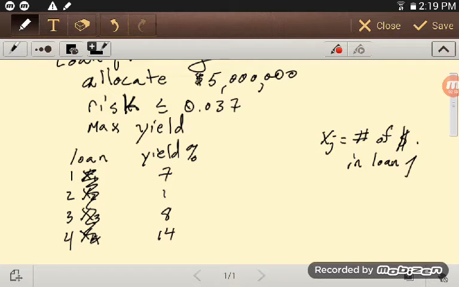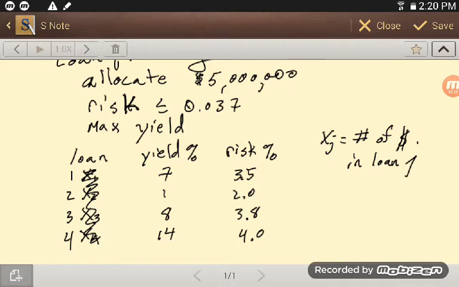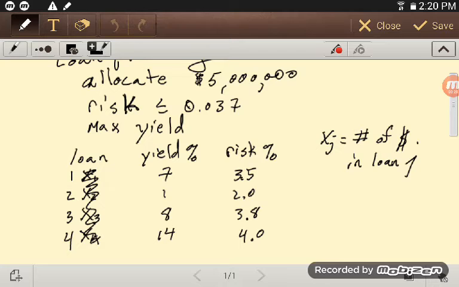But then risk, also in percent, is 3.5, 2.0, 3.8, and 4.0. So what we have to do here is kind of figure out, okay, how do I get yield? How do I get risk?